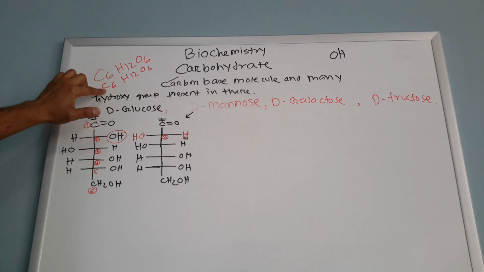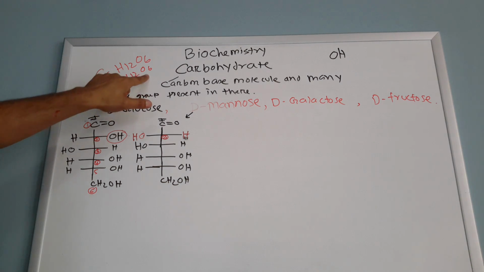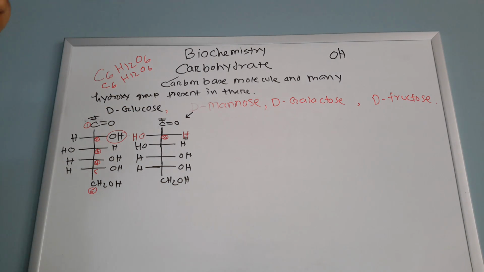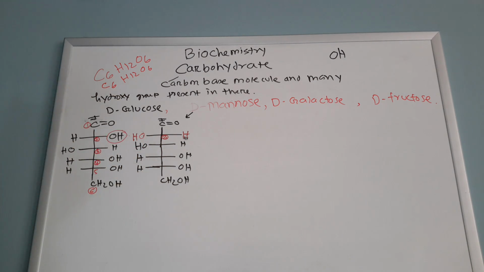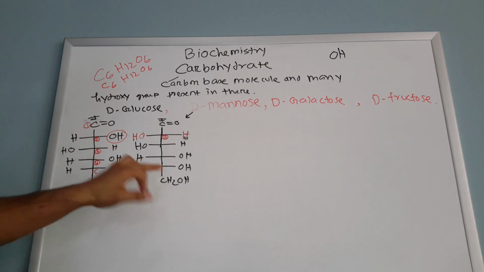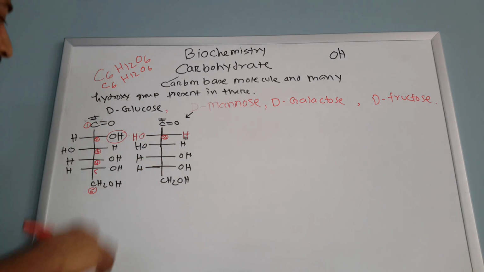Same number of carbon, same number of hydrogen, same number of oxygen. The only difference is called epimeric difference. This is an isomer, but what is the specific name of this isomer? What is this epimeric difference? The epimeric difference for this carbon is at carbon number 2, but other things are the same.